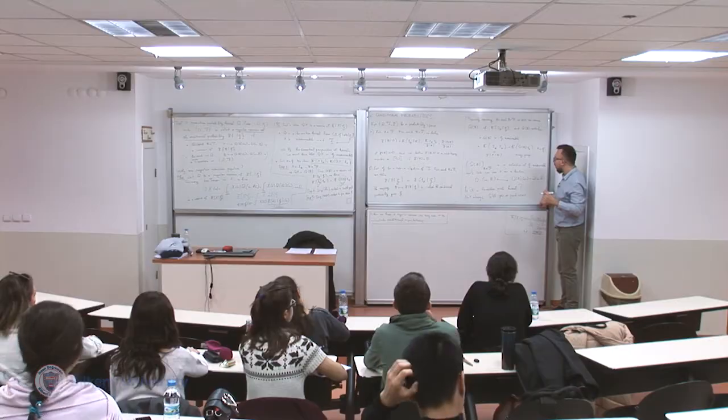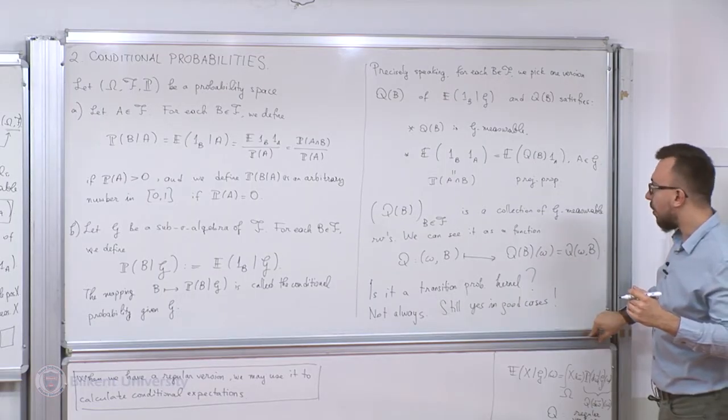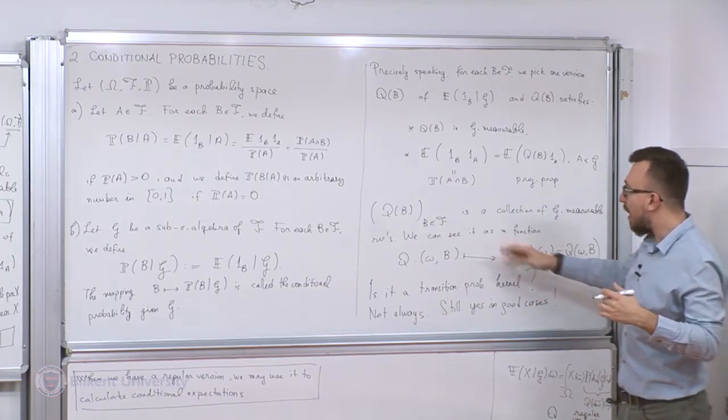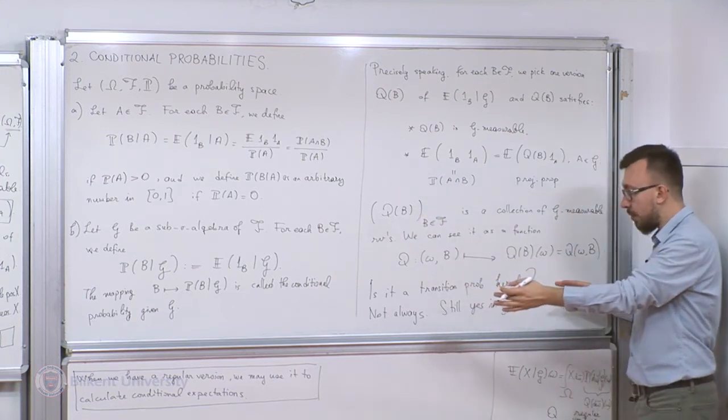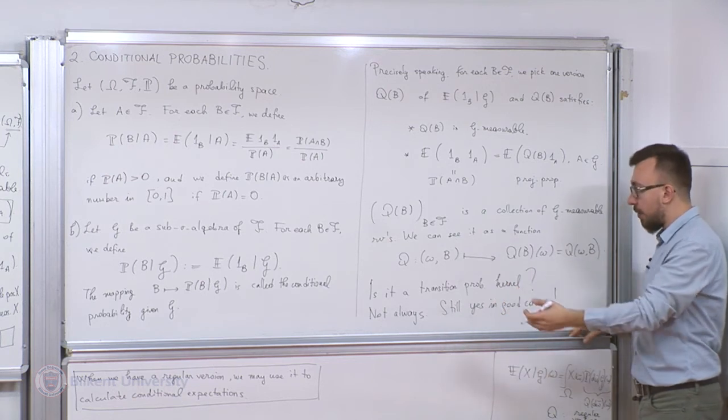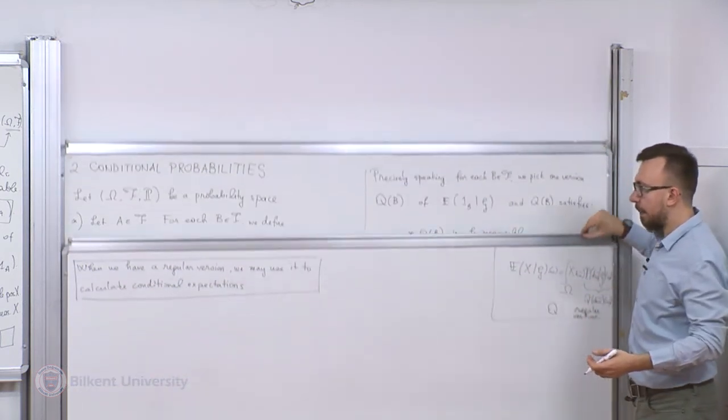So why don't we have that every possible way of choosing those QBs forms a transition probability kernel? What may go wrong? Okay, let's discuss this.